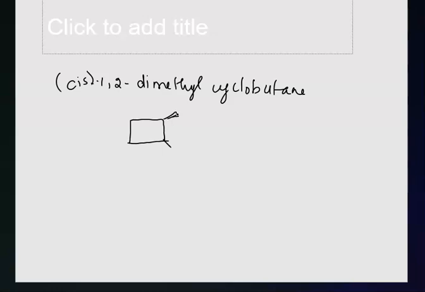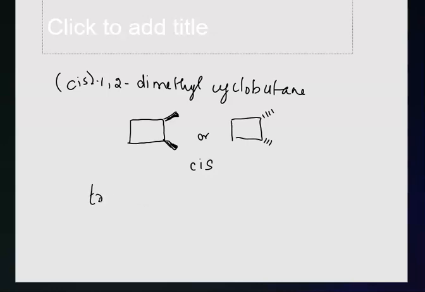That means they are on the same face. So you can use either the wedged bond or the dashed bond, but they both should be on the same face. So either both wedged or both dashed to refer to them as the cis configuration.